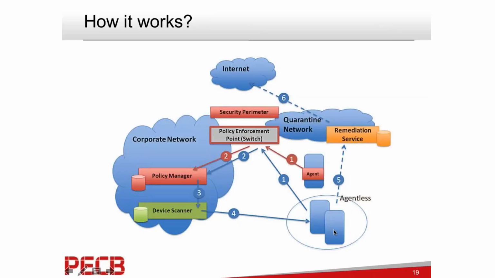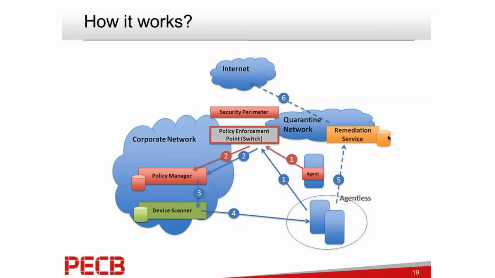If that device meets the requirements, so maybe it has an antivirus installed, or it's not rooted or jailbroken, or it has all the encryption in place, it will be allowed access again. If not, it will be directed to a remediation service, a quarantine network, an isolated network, where it can automatically get the missing antivirus, patches, and software. After that, it can attempt to connect again.